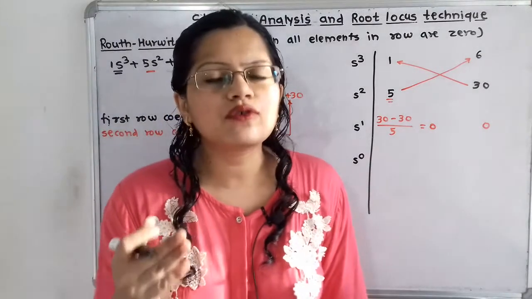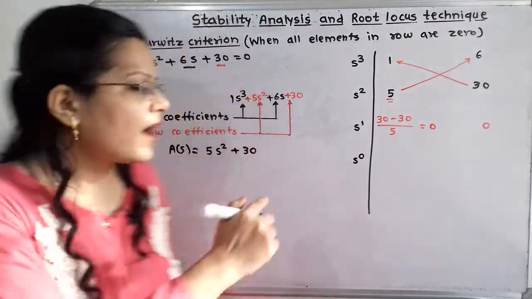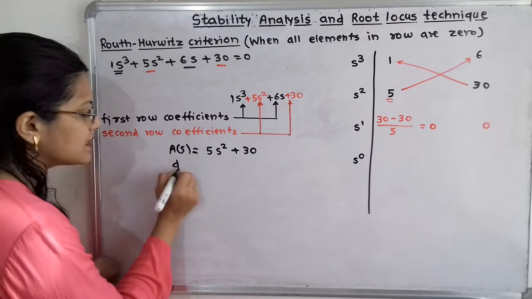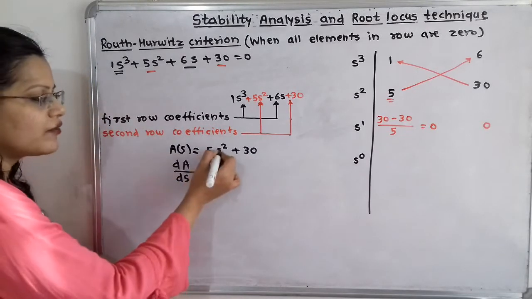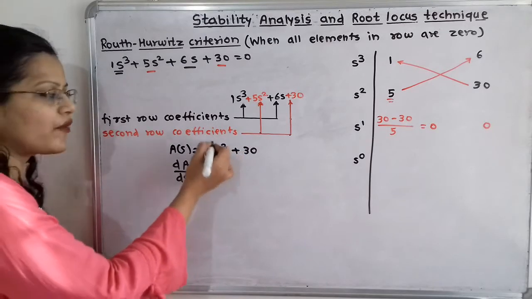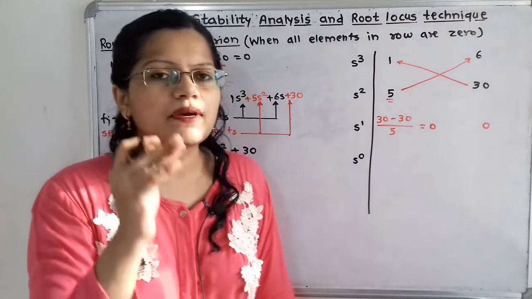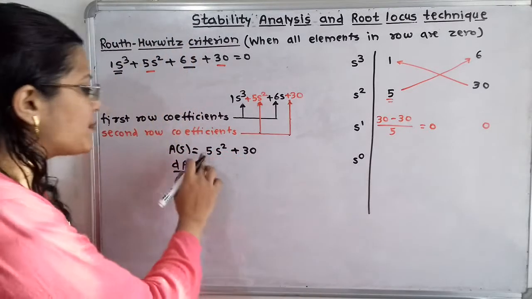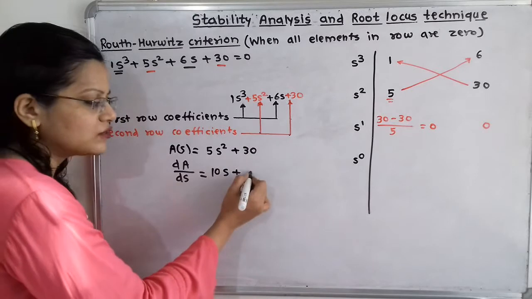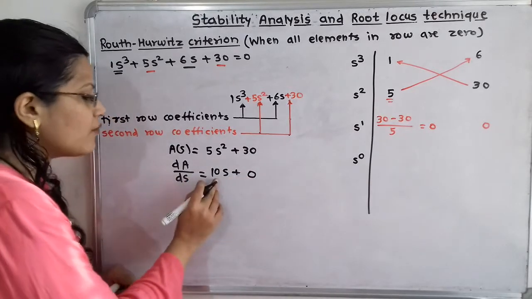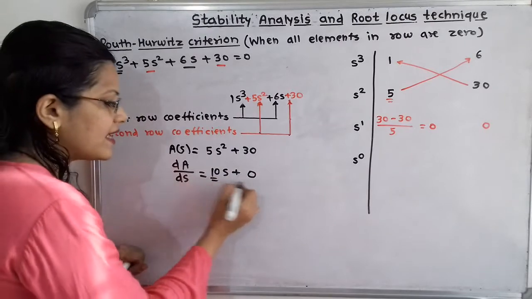Now we have to differentiate this equation with respect to S. So dA by dS is equal to: S square, when differentiated, becomes 2s. So 5 multiplied by 2 is 10s, plus 30 is a constant, so its derivative is 0. Now the two numbers that we get are 10 and 0.